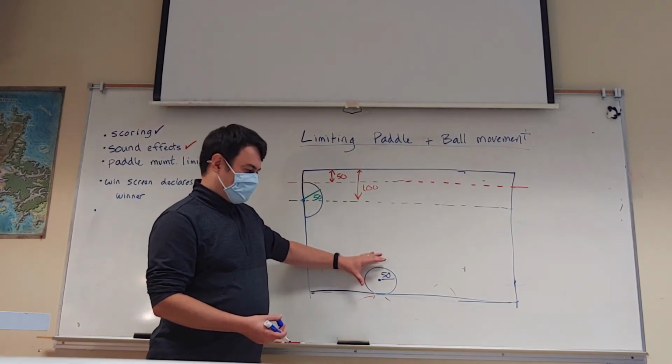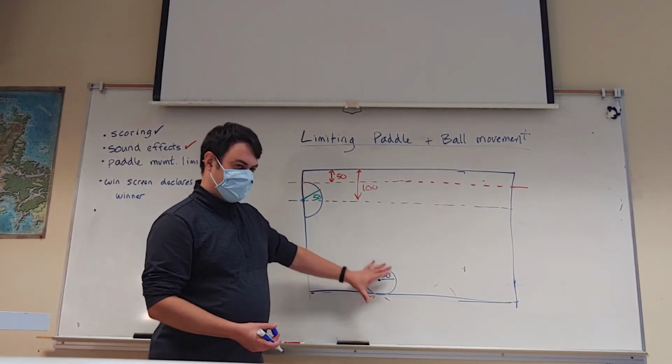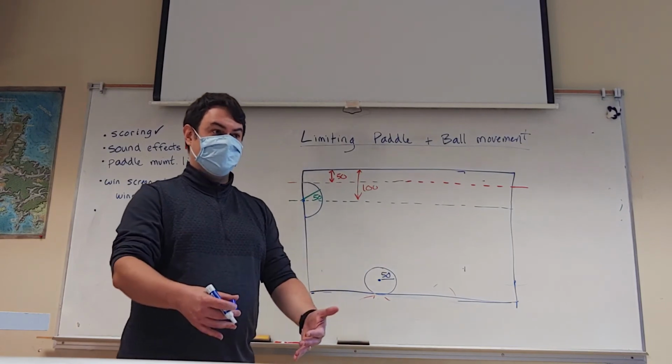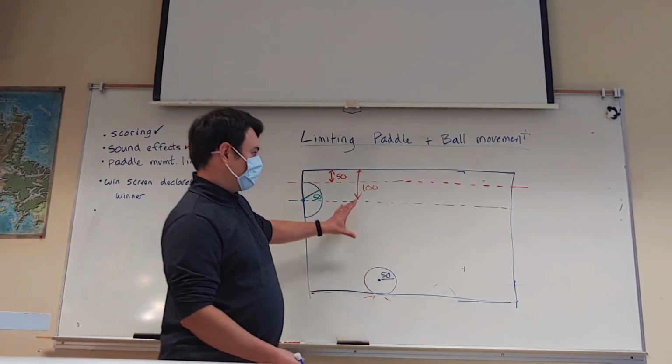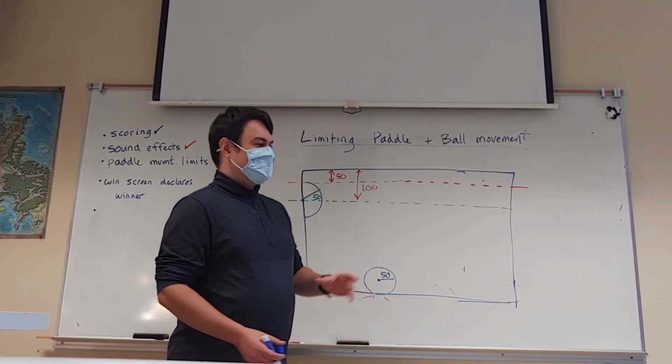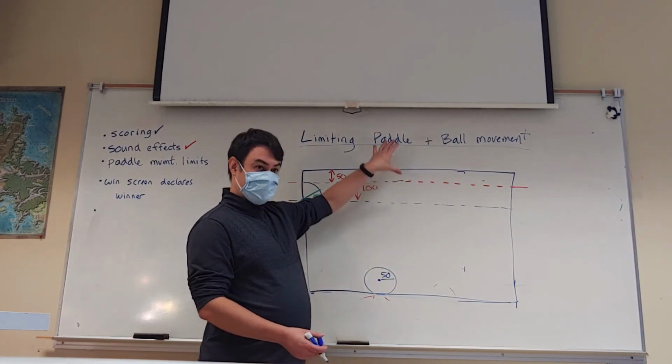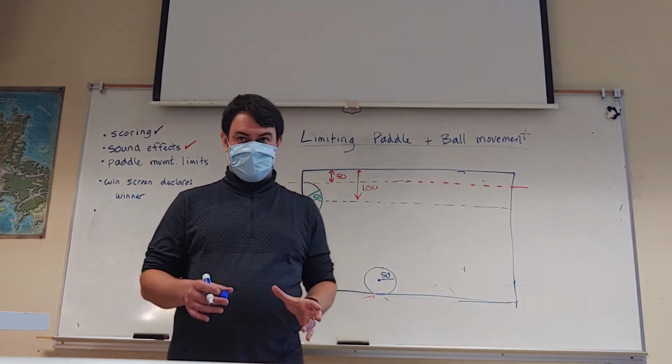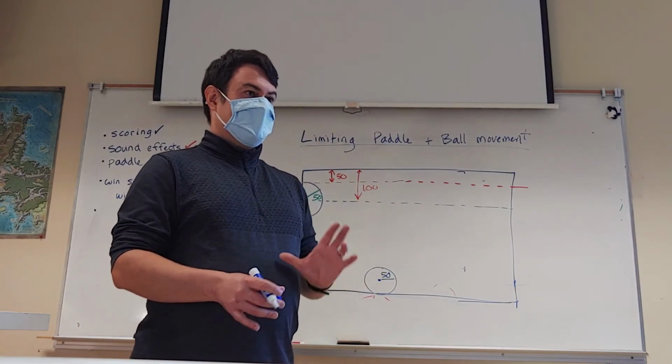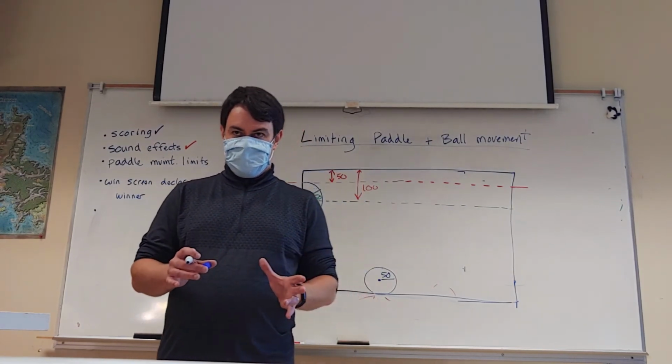If the coordinate for the ball goes above that number, just set it back to that maximum number. If it ever goes below the minimum number, which in this case would be 50, then set it back to that minimum number. Just an if statement to write to make that happen.